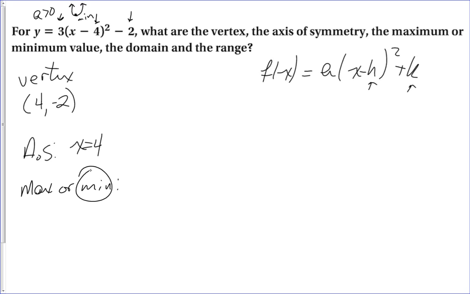Your minimum is going to match the y value of your vertex. So our minimum occurs at x equals 4, and it is y equals -2.